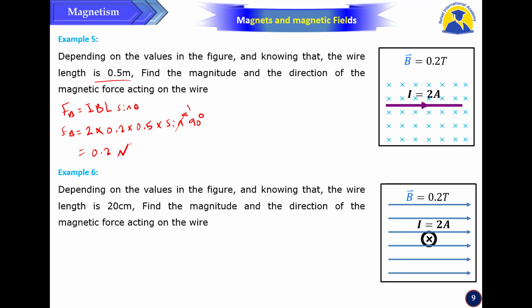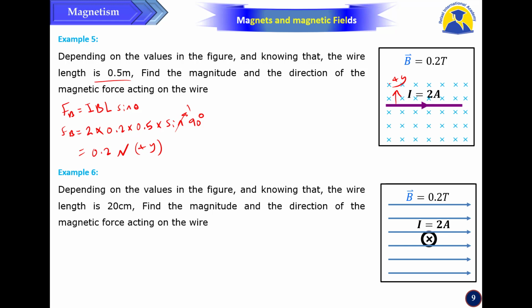The direction of magnetic force, we use our right hand. The direction of current will be the direction of the thumb. The direction of magnetic field will be the direction of forefingers. So the direction of force will be positive Y. So this is the direction of the magnetic force.